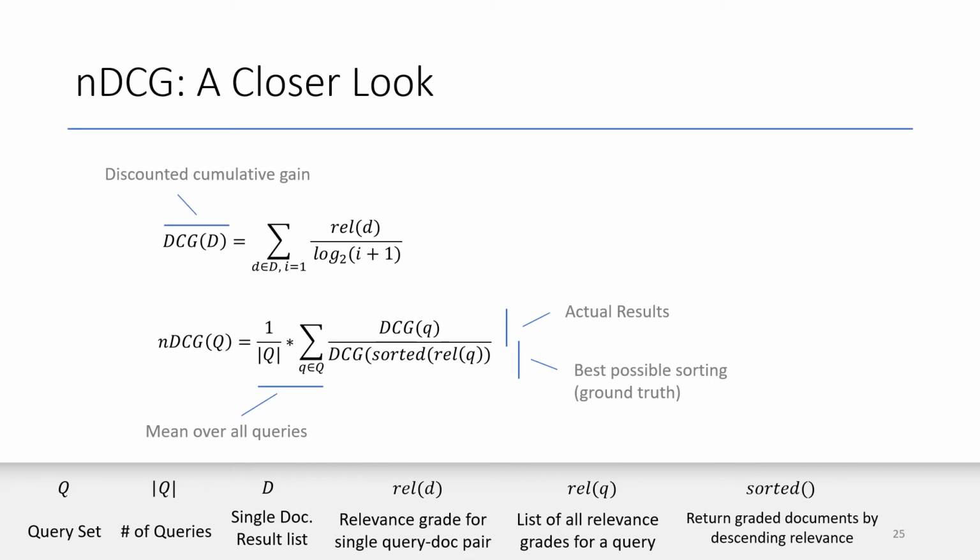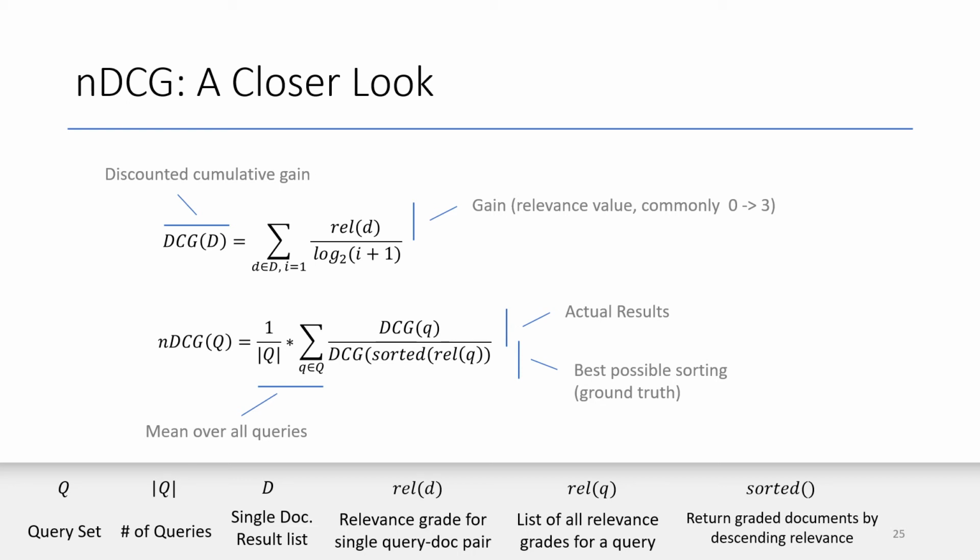And DCG here stands for discounted cumulative gain, which is very easy. If you think about it, the three words are just what is in the formula. So you have a sum of a gain and then you discount it by the position. The gain here is the relevance value. As I showed you before, it's commonly 0 to 3, but of course you can take your own.